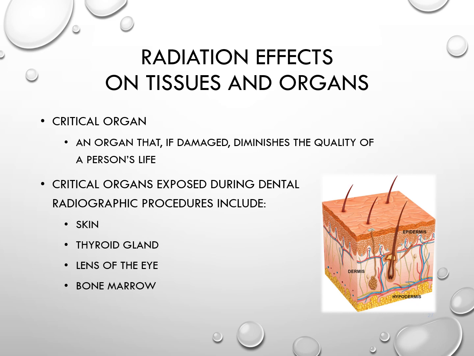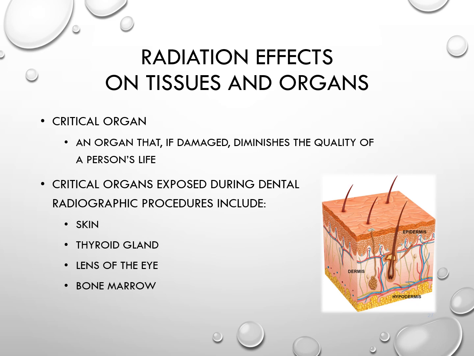The other ones we deal with in dentistry is going to be the thyroid gland. That's why when you guys were in lab last week, you were putting that thyroid collar around your patient's neck. And it's important to get that up nice and close to the patient's neck so that we can protect that thyroid gland from X radiation. The lens of the eye. Now, this isn't something that is in every single one of our radiographs, but it's important because without vision, that would very much diminish the individual's quality of life.